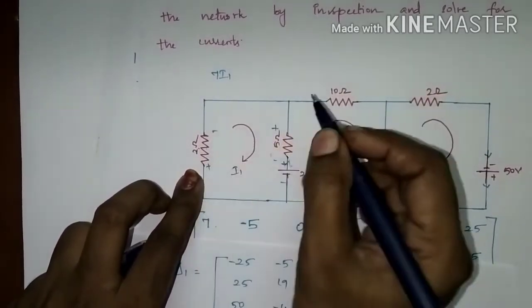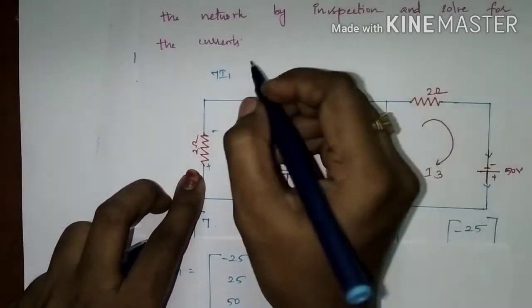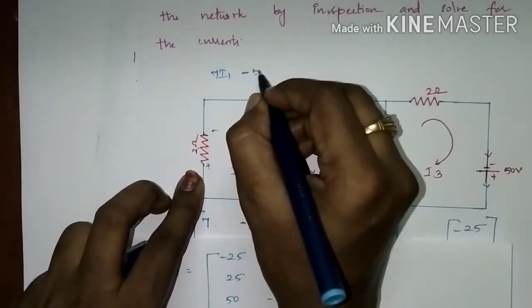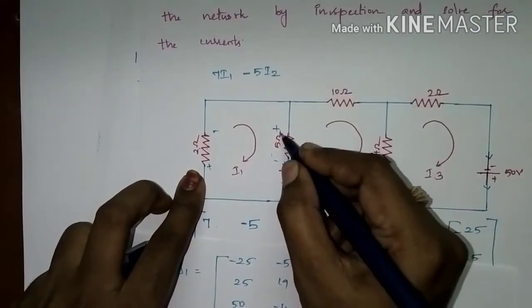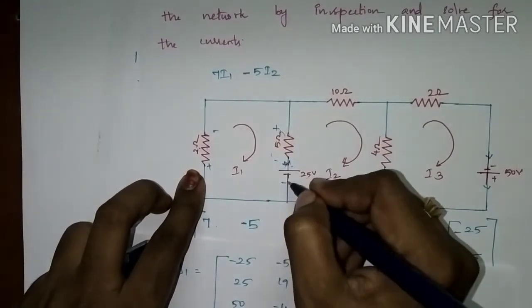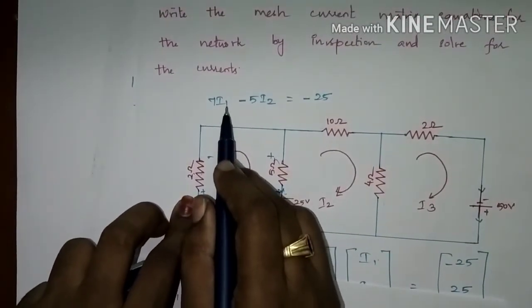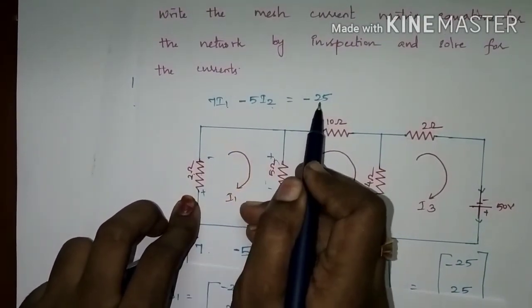Here it is a potential fall. So due to the current I2, it produces a potential rise, so minus 5 I2. The current flows into the positive terminal and leaves the negative terminal, right? I1 current, so it is a potential fall. It produces minus 25. Substitute the current values of I1 and I2.